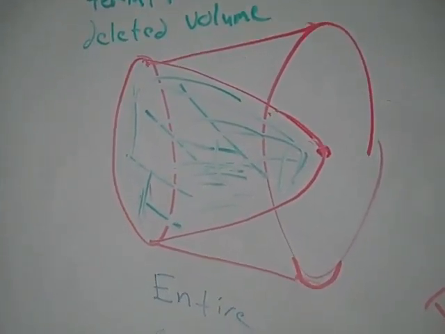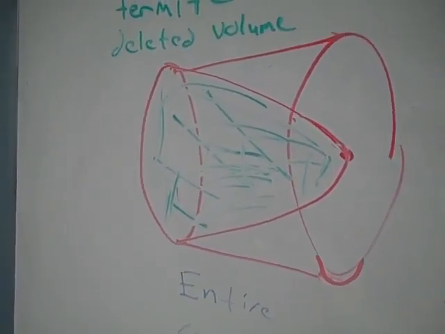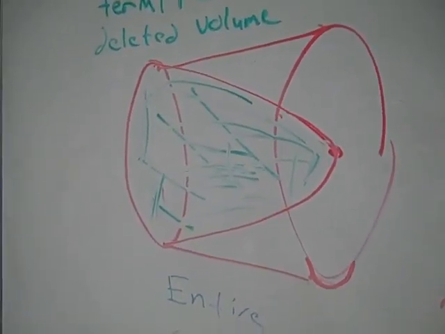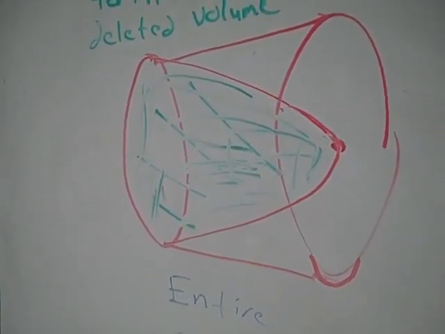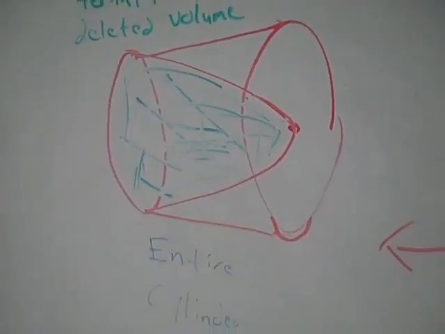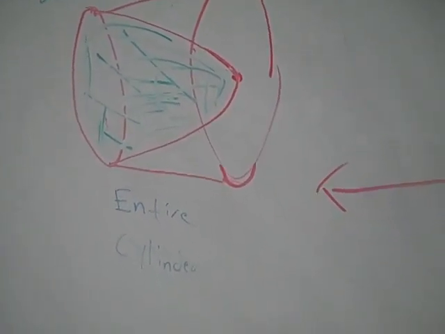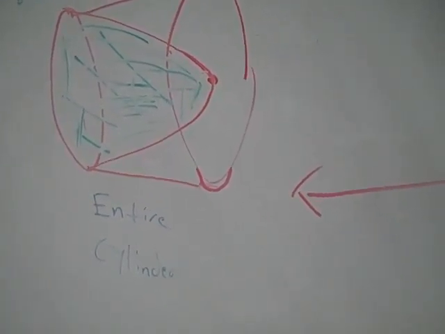I can't draw worth a dime. That should be a perfect cylinder, a non-oblique cylinder. I'm sorry if it looks oblique. With a paraboloid chewed out. This green 3D paraboloid is what the termite chews out. So it's a cylinder with an inward internal paraboloidal piece chewed out.